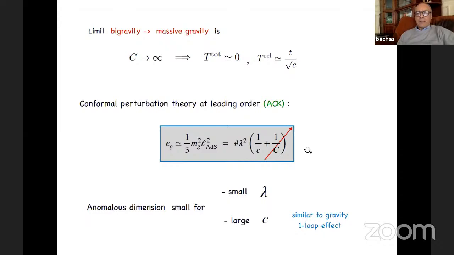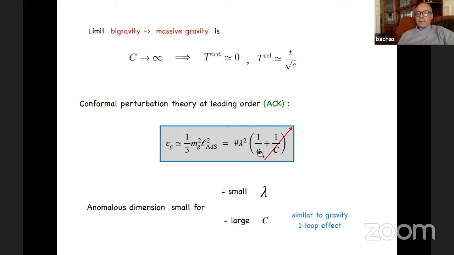Actually, Aharony et al. went a step further and computed in conformal perturbation theory, at leading order, this anomalous dimension. And it has a very simple form. It's some number, not important for us, times lambda squared, the marginal coupling, times 1 over little c plus 1 over capital C. So you see the anomalous dimension is small, either if the coupling is weak, that's normal, or if the central charge of the theory, so I'm going now to massive gravity, this goes to 0 because capital C goes to infinity.